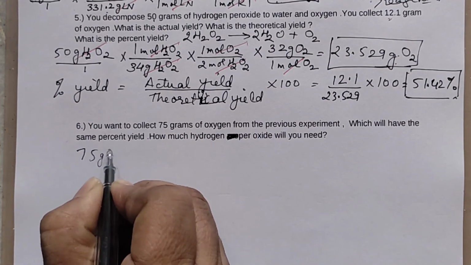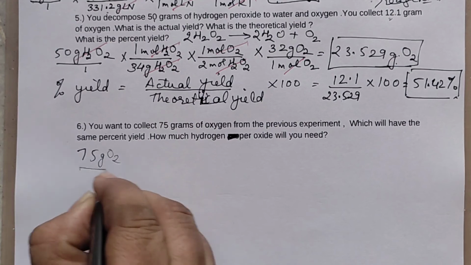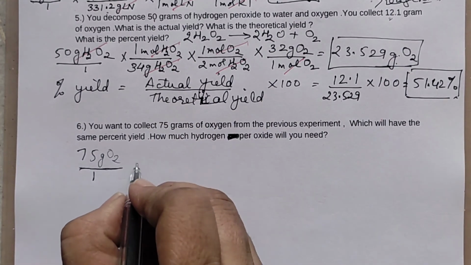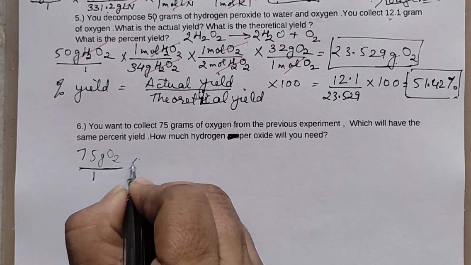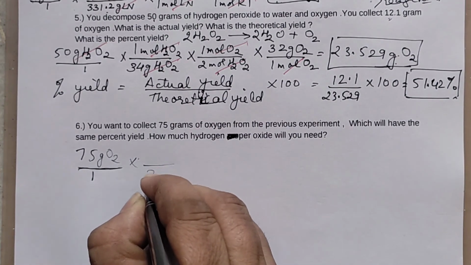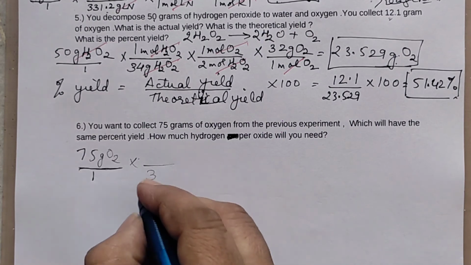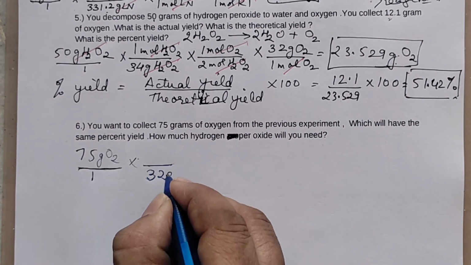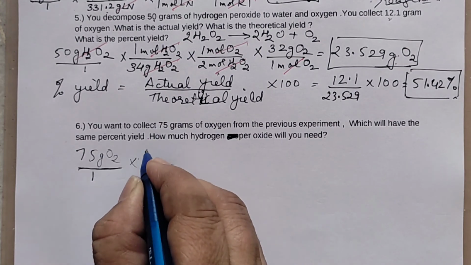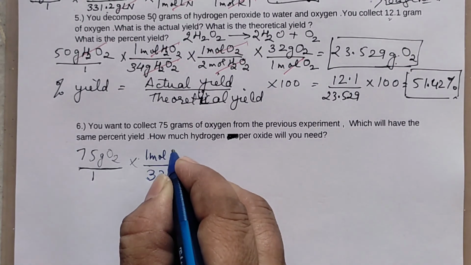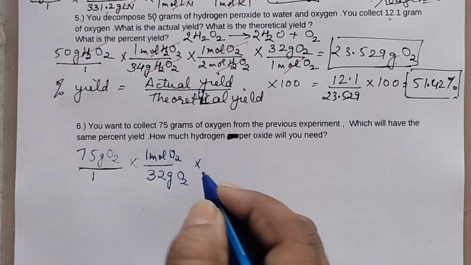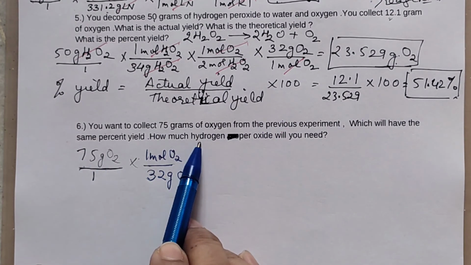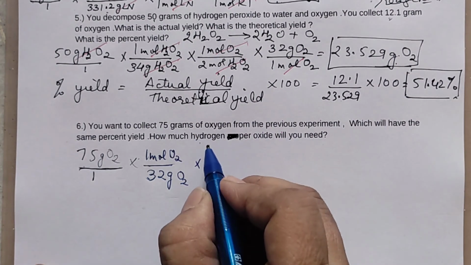So 75 grams of oxygen by 1 first. Convert this into moles. So it is divided by molar mass. You're having the molar mass of oxygen 32. Yeah, 32 grams of oxygen, and it is 1 mole of oxygen. Right? Convert this into moles of hydrogen peroxide. Compare the molar ratios.